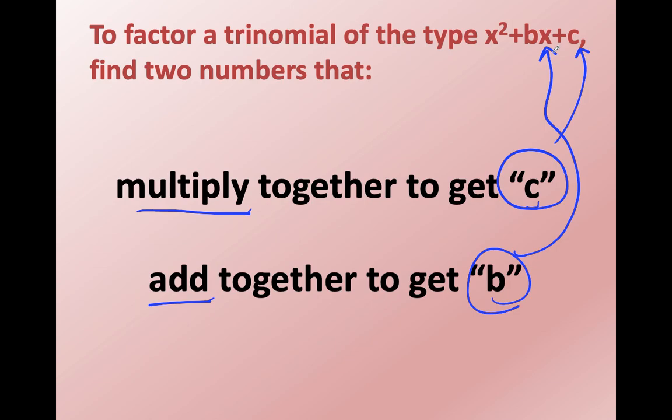If you can answer those questions, then you can come up with your binomial factors. So again, what two numbers multiply together to give you c, but add together to give you b?